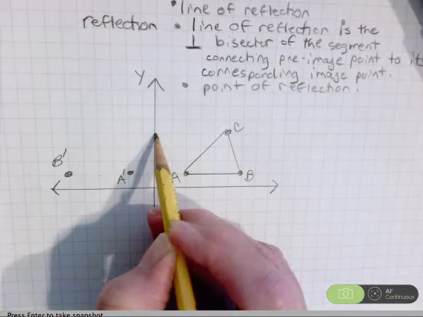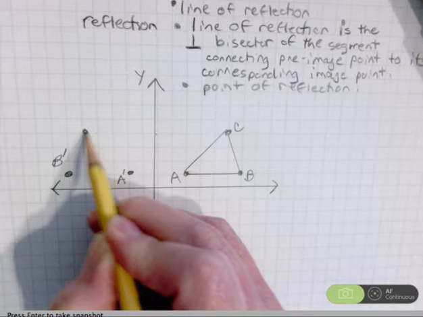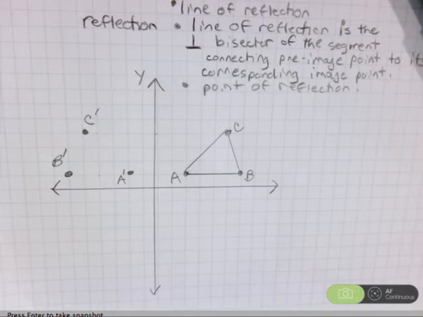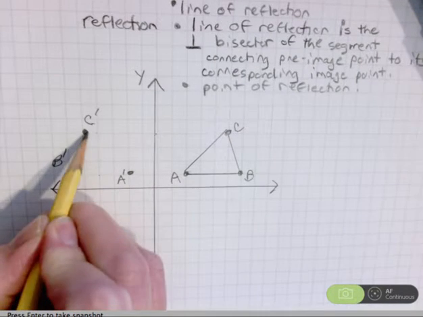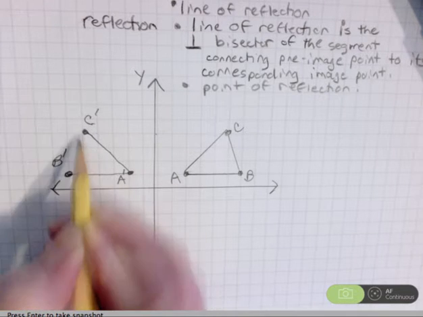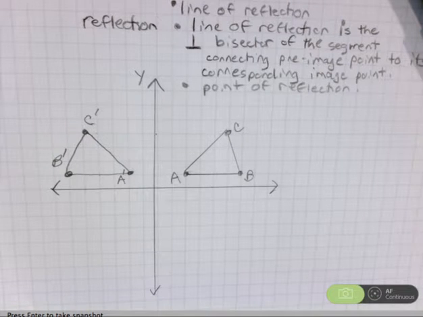So point C prime will be 5 units to the left of the y-axis. And you just connect these points to get your image triangle, A prime, B prime, C prime. So it's very easy to reflect across an axis.